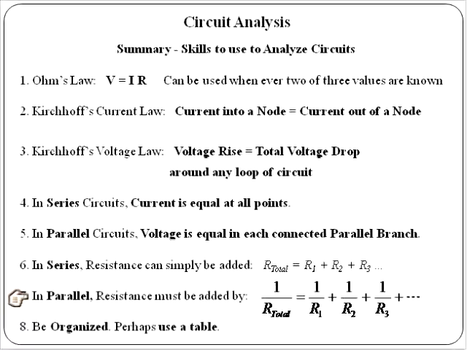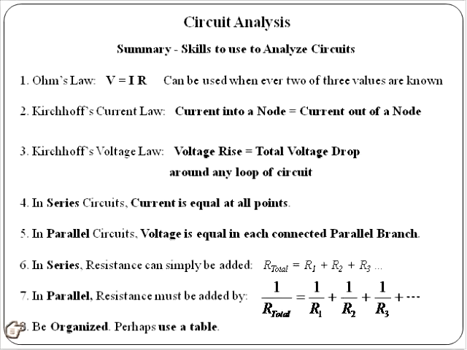When we have parallel, you do the reciprocal: 1 over RT equals 1 over R1 plus 1 over R2, etc. Sometimes you may have to combine two series resistors first before you can do the parallel one. And again, keep it organized by using a table. That's always good advice.